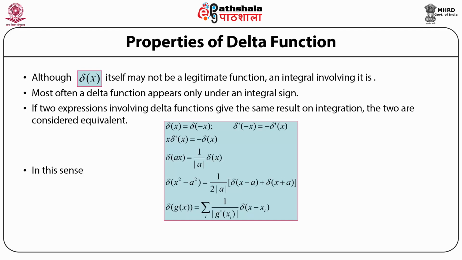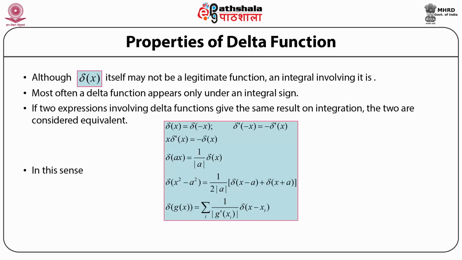Delta as a function of x is equal to delta as a function of minus x. Delta prime as a function of minus x is equal to minus of delta prime as a function of x. Using these definitions, we can then write x times delta prime as a function of x is equal to minus of delta as a function of x.